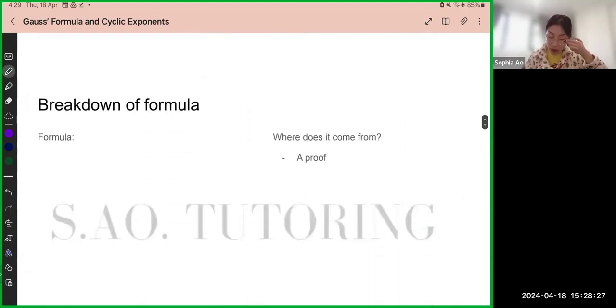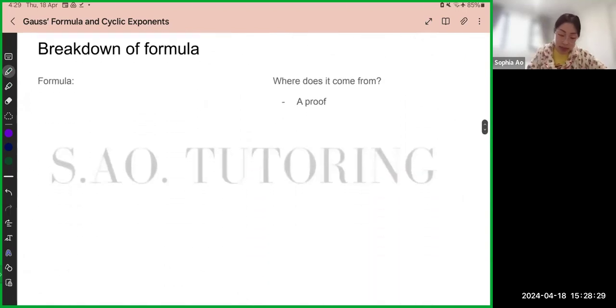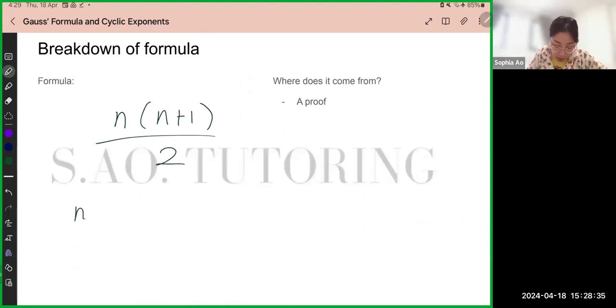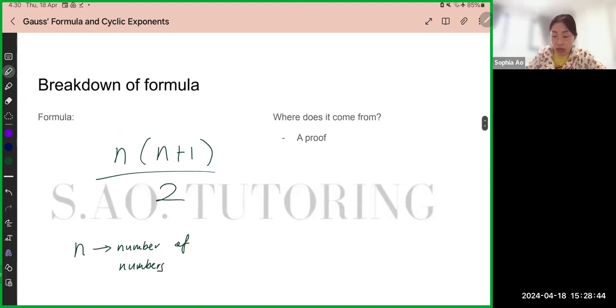Okay, so the formula itself goes like this. It's n times (n plus 1) divided by 2. N represents the number of numbers. Okay, so back in the 1700s, when Mr. Gauss was asked to add 1 all the way up until 100, this is the rough formula or idea he used.